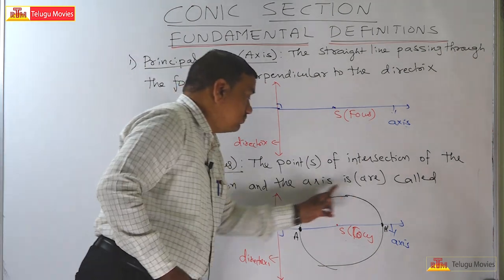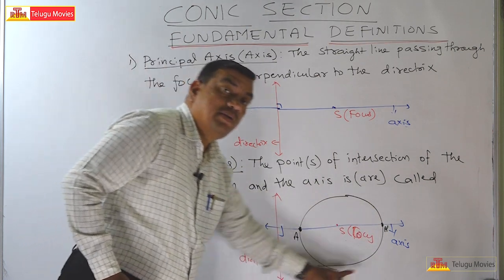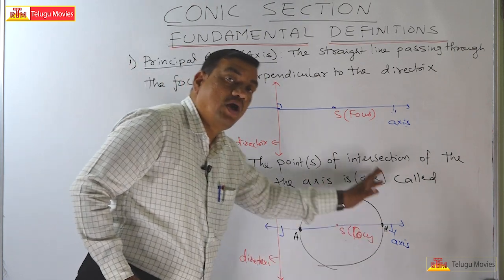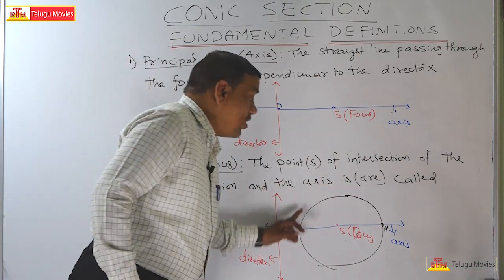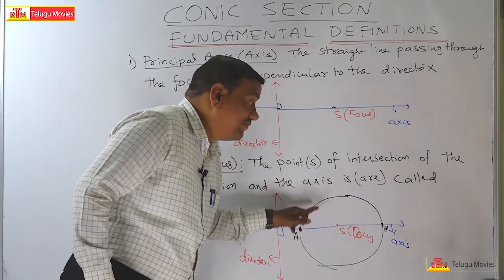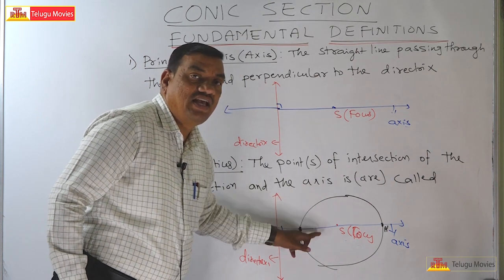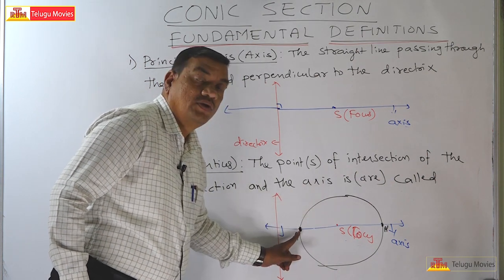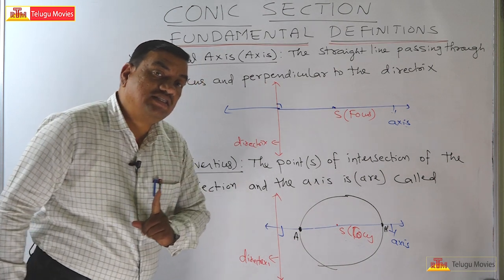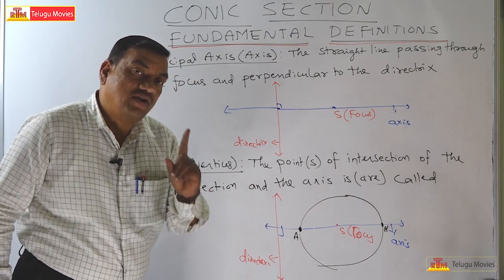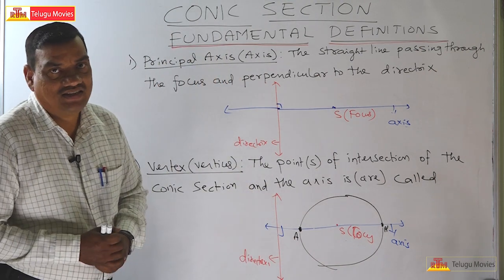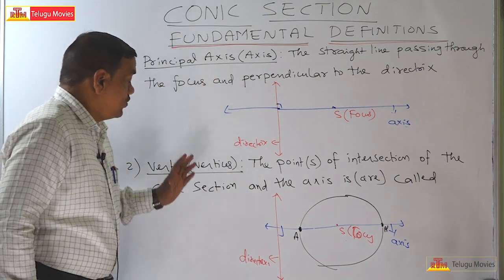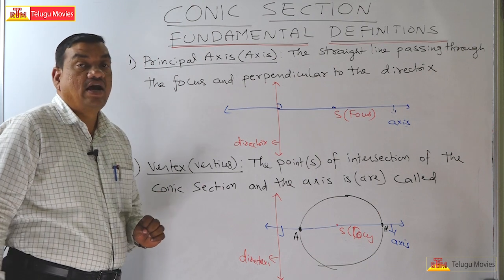Whatever may be the curve, ellipse, parabola, hyperbola, or circle, the point of intersection of the conic with the axis is called the vertex. If it intersects at one point, it is called a vertex. If it intersects at 2 points, it is called vertices. So we got the definition of vertex or vertices.